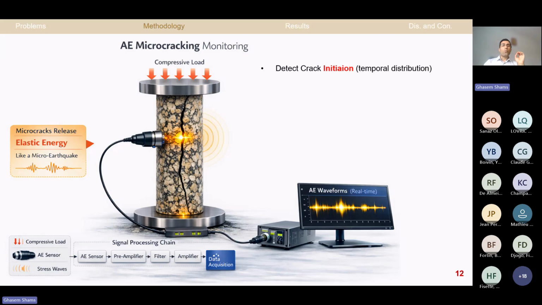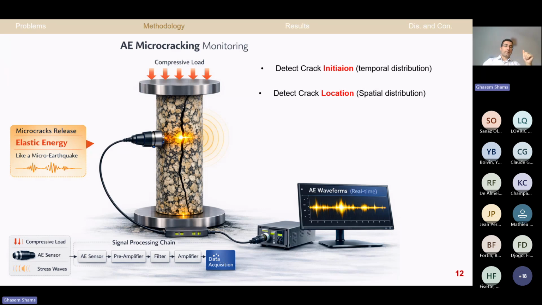We can know when exactly the microcracks started to produce inside the rock, whether it is a laboratory sample or a large scale sample. And we can detect the crack location. We can localize the microcracks inside the specimen. That's very important. We know where and when fracturing or microcracking started.